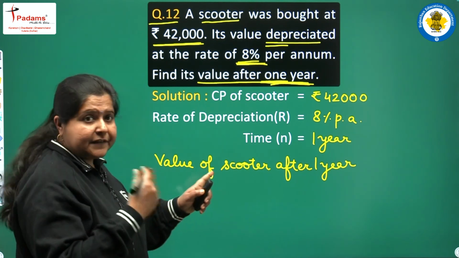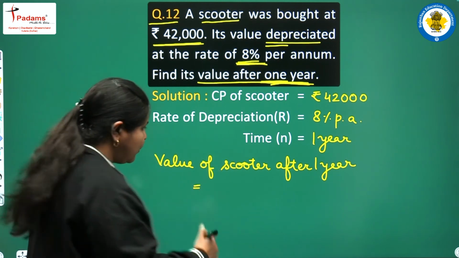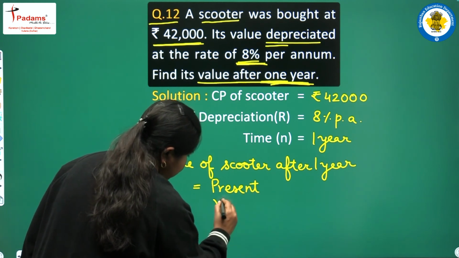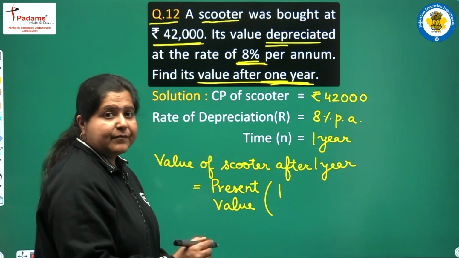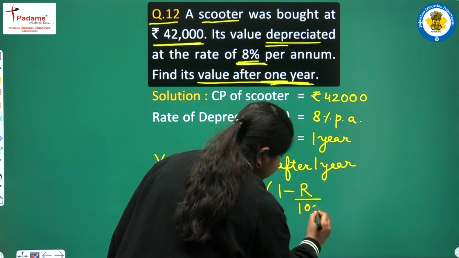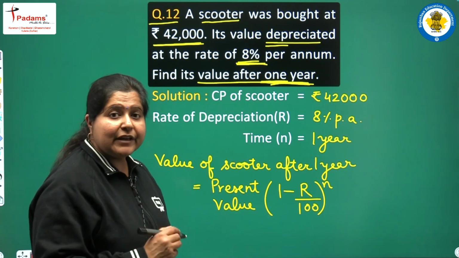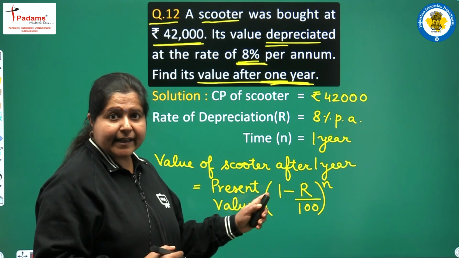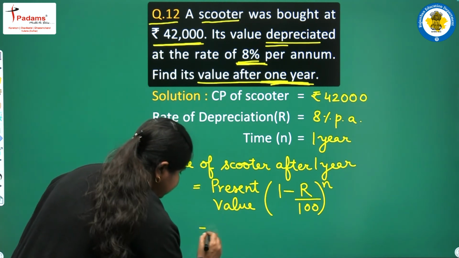Obviously the value of the scooter after 1 year is what comes later. Right now, the present value, the starting value or the initial value, we take here, into 1, and this time we will place a minus in between, 1 minus r upon 100 raised to power n. And why minus this time? Because the value is depreciating, decreasing. If it were increasing we would write plus here, and if it decreases then we write minus. Now simply place these values.